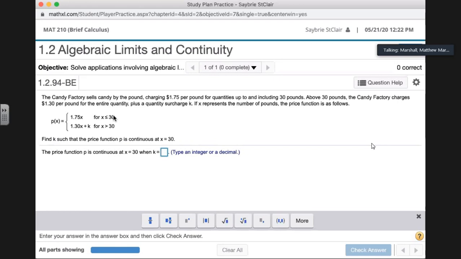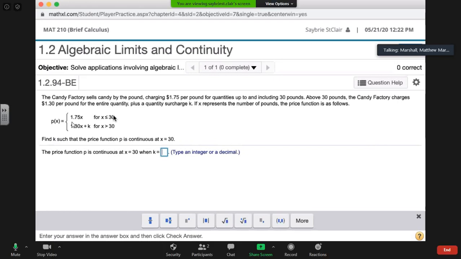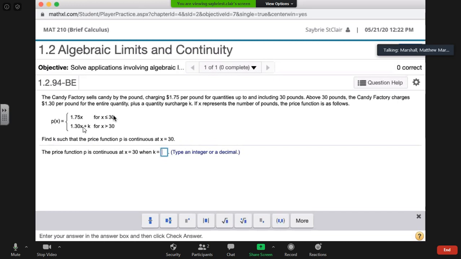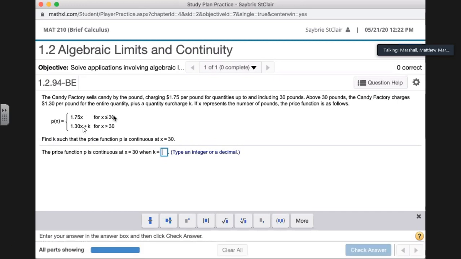Like this one, when I plug in 30 into 1.75, it gives me about 52. And then when I plug in 30 into the bottom one, it gives me 39. So if I set up this one the way the other one's set up as 52 equals 39 plus k and take away 39, it should give you k is 13 on this one.